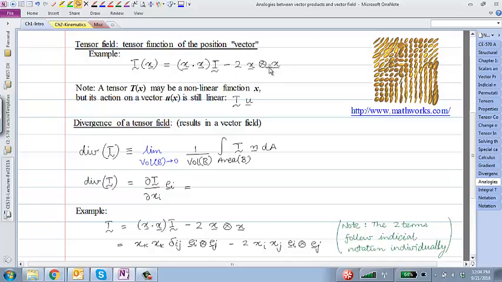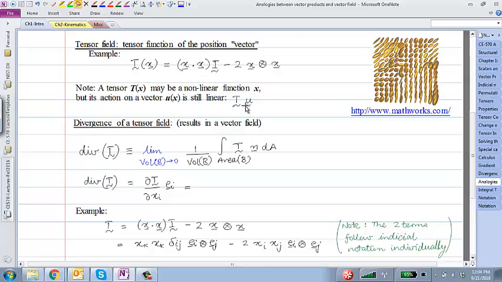So this is an example of a tensor field. It could be some weird complicated function of x, but another thing to note here is that this t of x may be some non-linear function of x, right? X dot x is clearly non-linear, but its operation on an arbitrary vector u is still linear. When I calculate t acting on u, that is always linear.